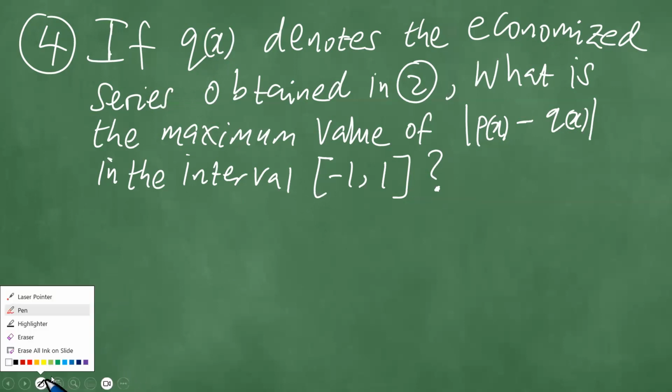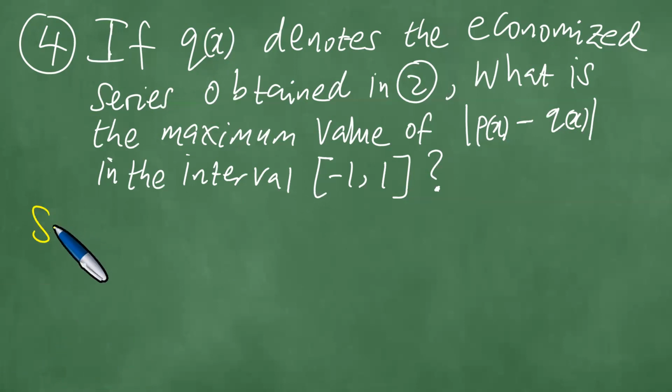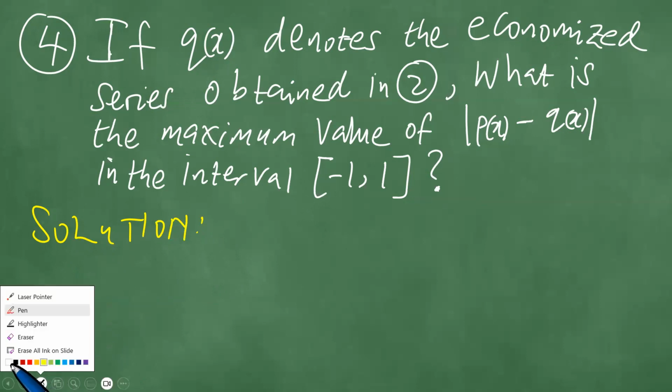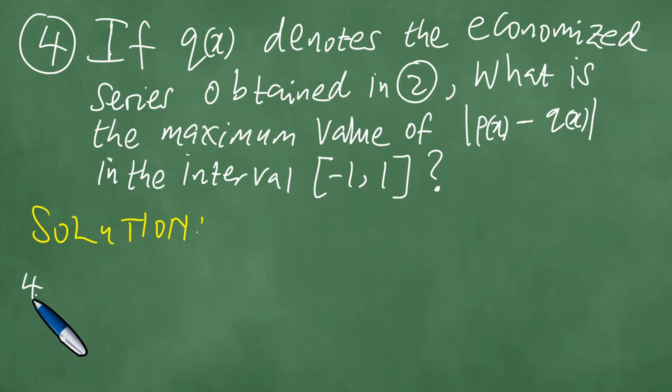Right, so we look at the solution to this. So what becomes the solution to this? Now, a couple of things remain very important. Q of X is the economized one.